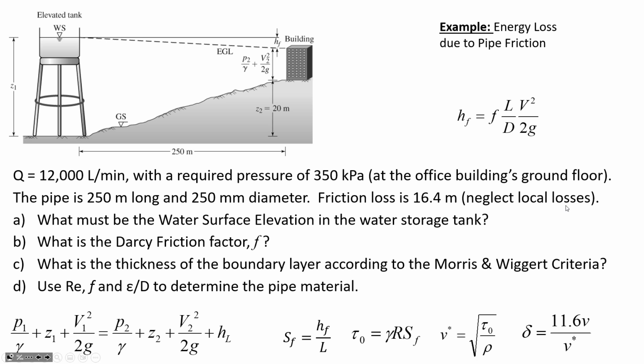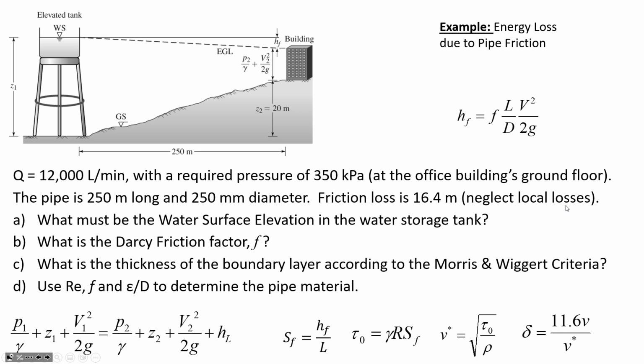Here, H sub L is H sub F, head loss due to pipe friction, plus also the local losses. In this problem statement, it said let's neglect the local losses, so the head loss is only due to pipe friction in this example. So I'm just going to write here as our final term, H sub F, the head loss due to pipe friction.